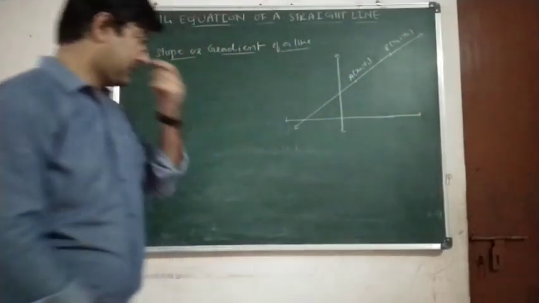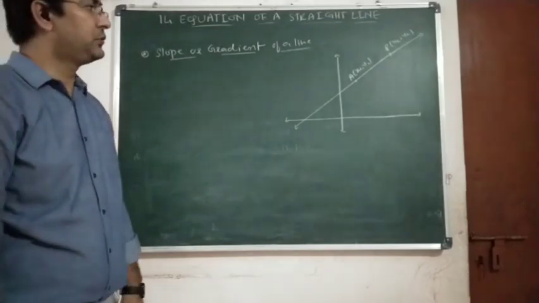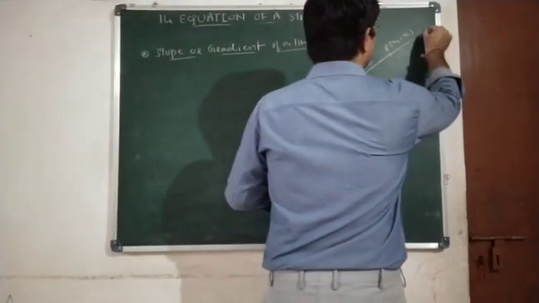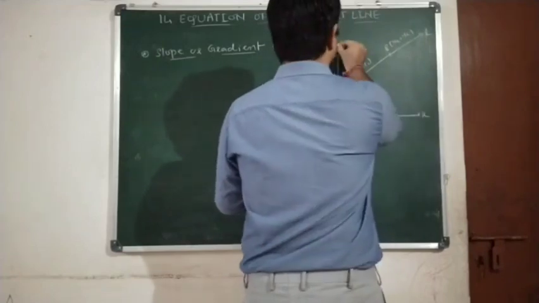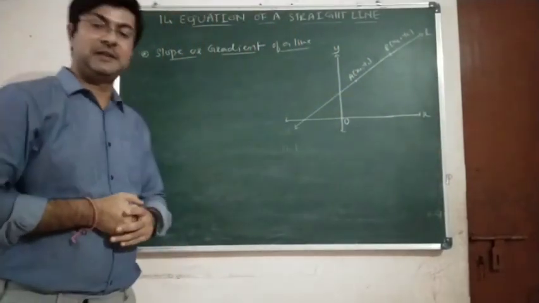Let us consider a line L and we will take 2 points A and B on the line whose coordinates are A (x1, y1) and B (x2, y2).